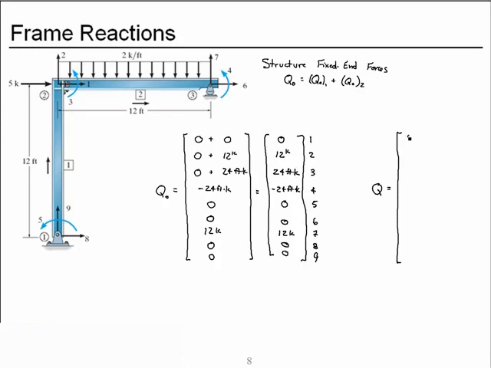And so we have a positive 5 kips here, and then zeros for all the other degrees of freedom for capital Q. And this is the same degree of freedom sequence: 1, 2, 3, 4, 5, 6, 7, 8, 9.